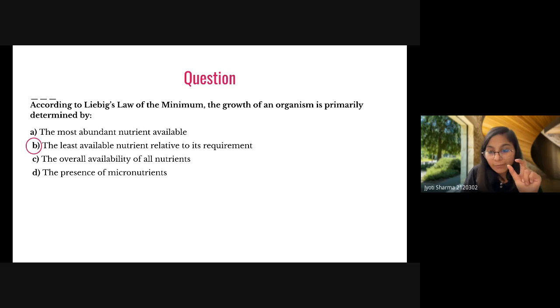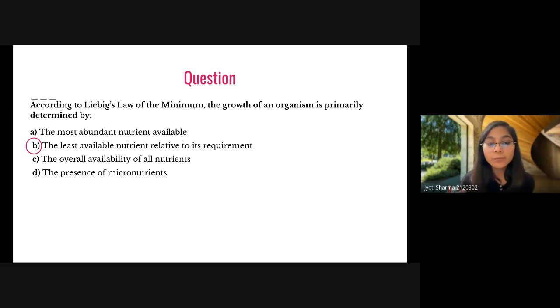But if we have micronutrients and we just need them in a small quantity, and we have a small quantity also, then this will not come under Liebig's law of the minimum. It is the nutrient that we have least available relative to its requirements. So that's why not D, but B is the right answer.